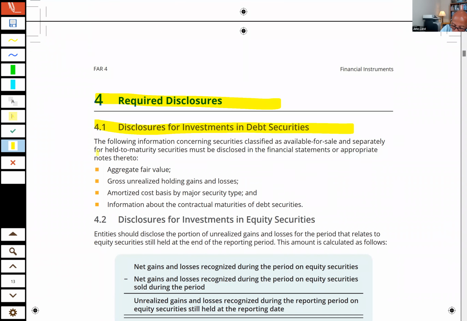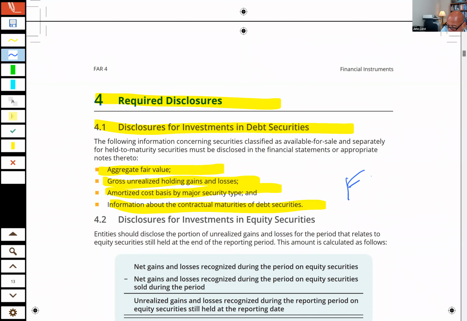So the required disclosures that you can see here are the aggregate fair value. You know, for some things, even though we're carrying them at amortized cost, FASB still says, hey, disclose the fair value. So you would have to disclose the fair value, unrealized holding gains and losses, amortized cost basis, and information about contractual maturities. Okay, flashcard that, guys.